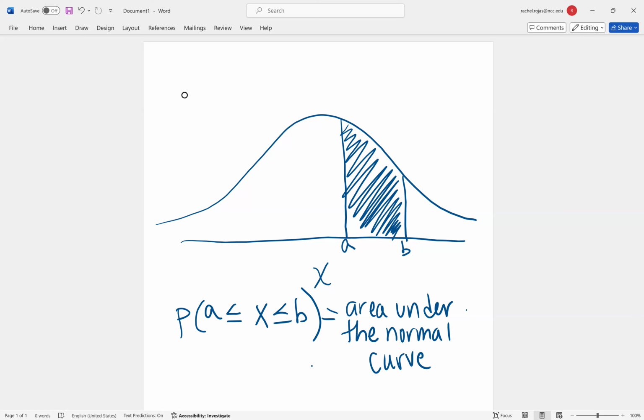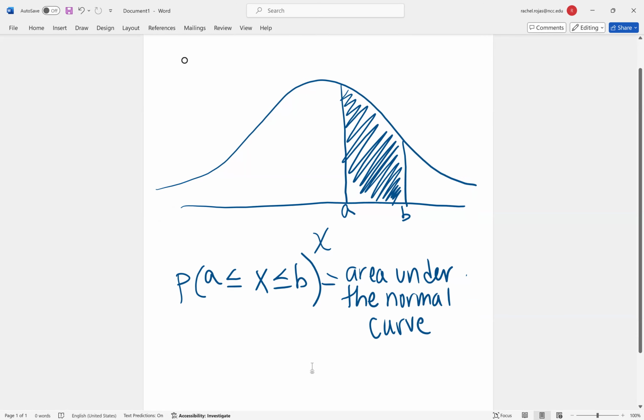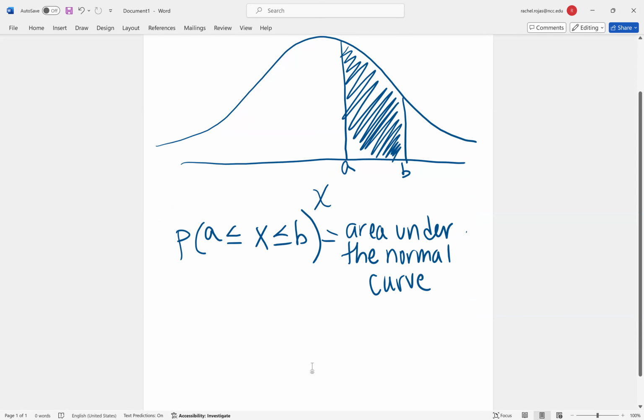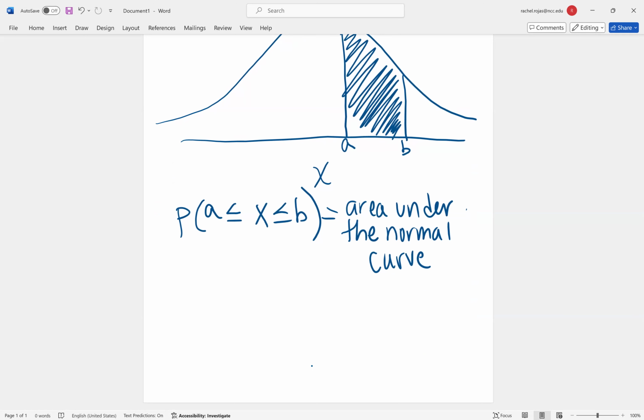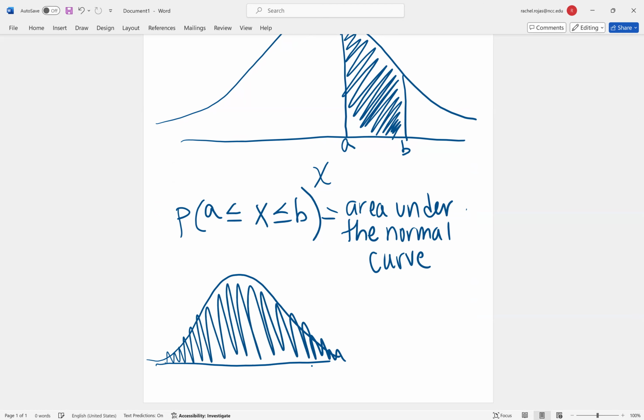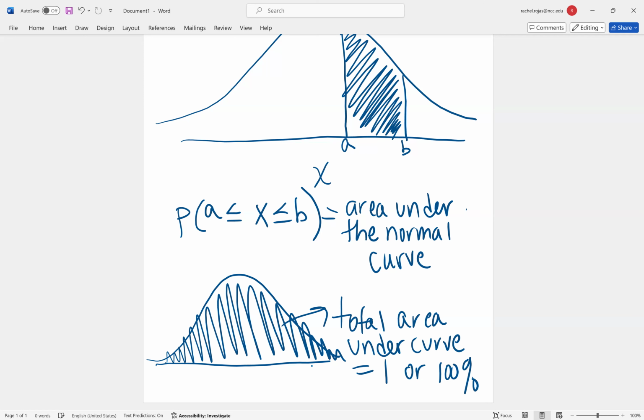The other thing that I talked about is that the total area under the curve is always equal to 1. Imagine if we have a probability histogram, and if we shaded in all the rectangles, this total area is equal to 100%. So total area under the curve is always equal to 1 or 100%.